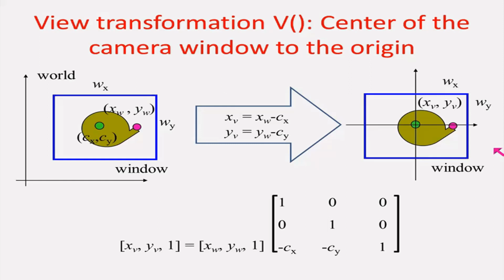The first one is the view transformation and is usually denoted by V, which is a translation that moves the center of the camera window to the origin. The translation happens with the negative center of the camera window, so after translation, the camera window center will really be in the origin.